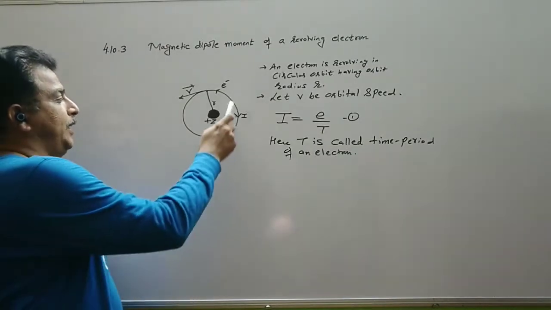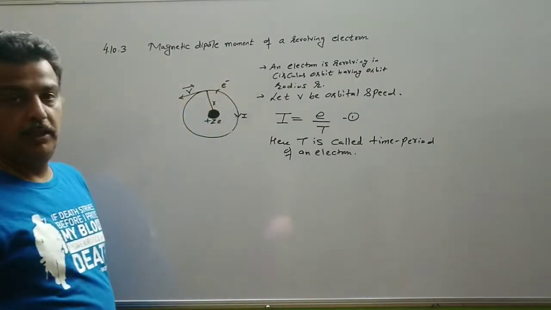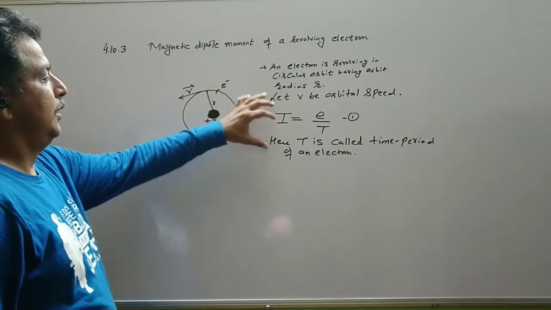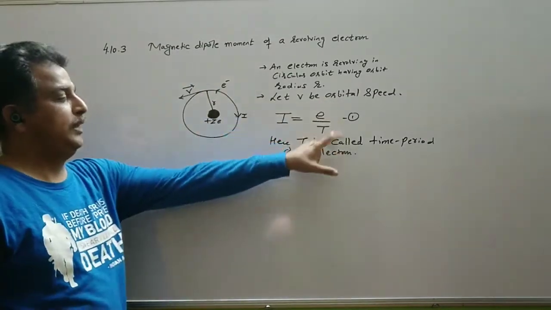So we assume that the electron makes one complete revolution, so the current here will be I is equal to e by T.